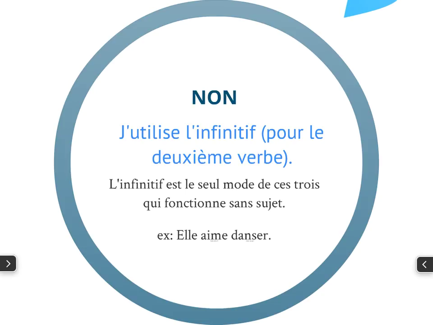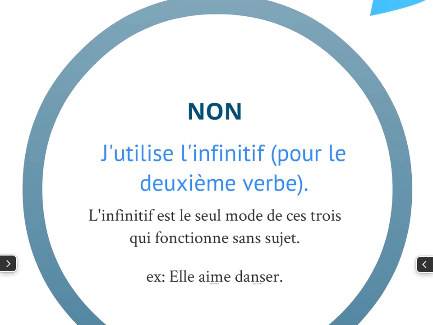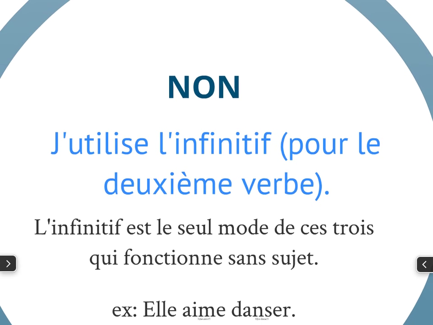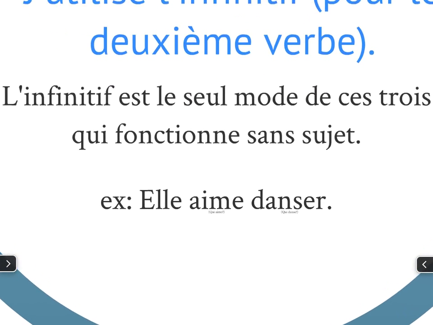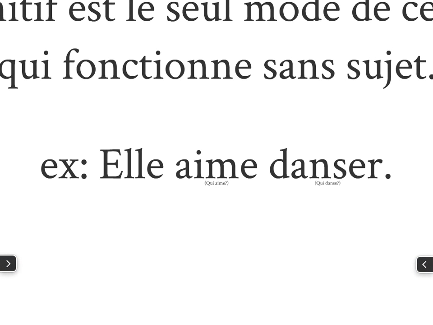So by that point, we've got two verbs, a mental perspective in the first verb, but we only have one subject. We use the infinitive for the second one. Like this. Elle aime danser. Two verbs. Aimer, danser. Mental perspective, aimer is an emotion, also kind of an opinion. But only one subject, elle.